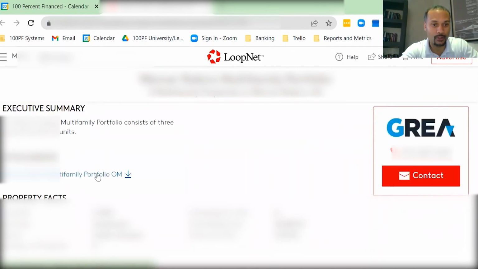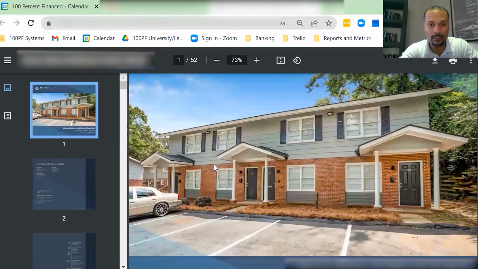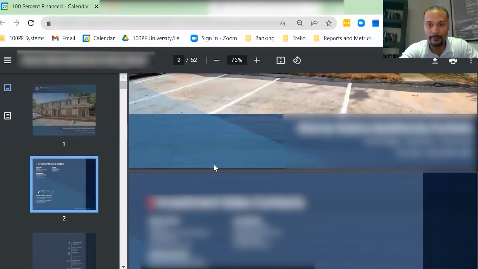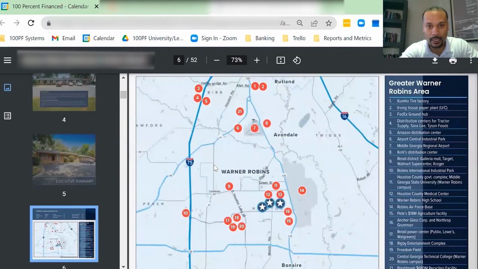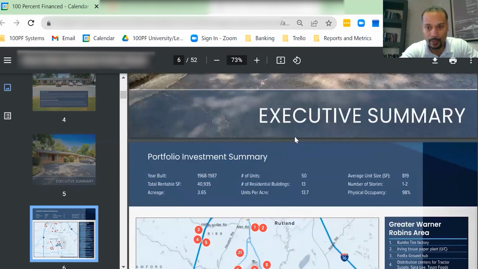But what we're going to do is take a look at this OM. All right, so we see a picture of the property. We see some information here: 50 units, number of residential buildings, it says 13. I don't know why I said 3 on the other one, but it looks like we got better clarity here. Occupancy, 98%.